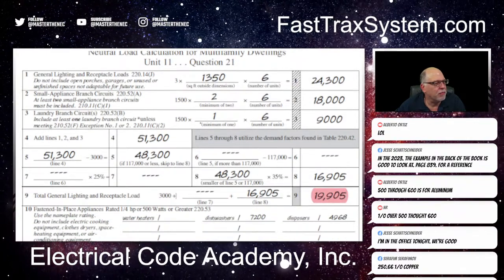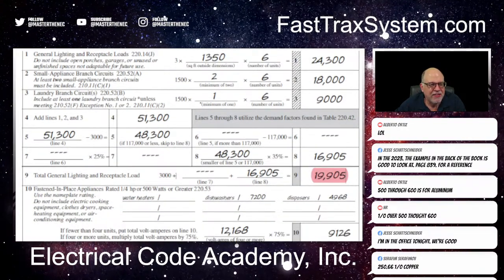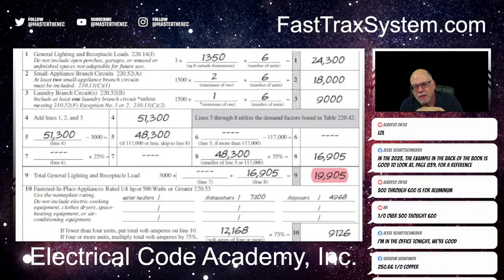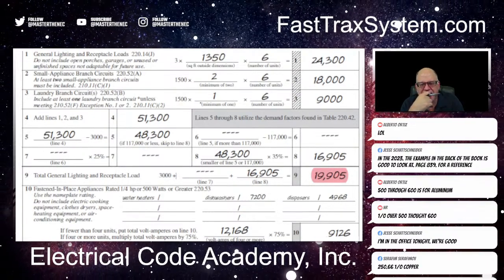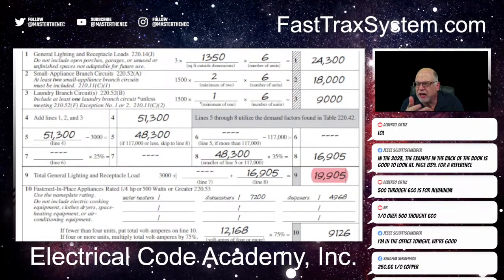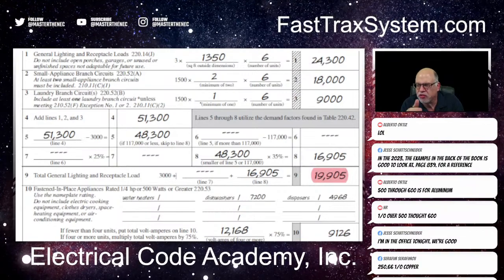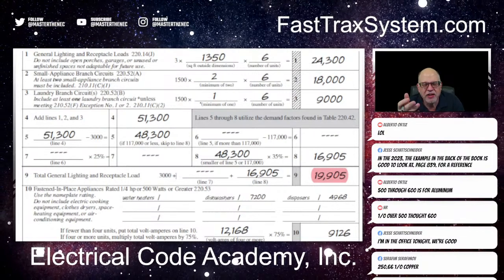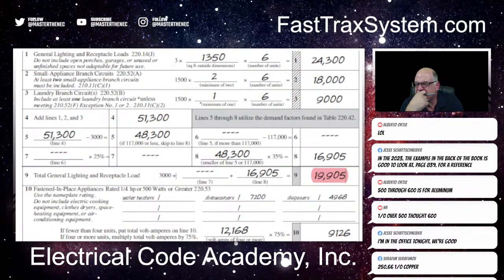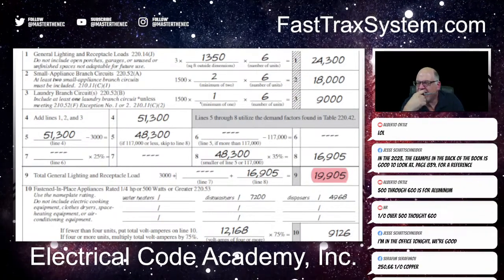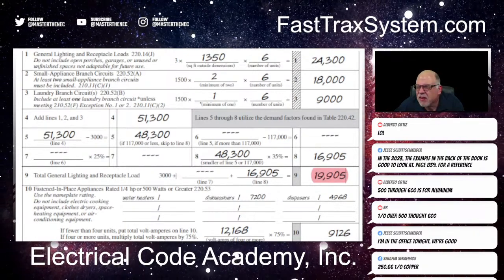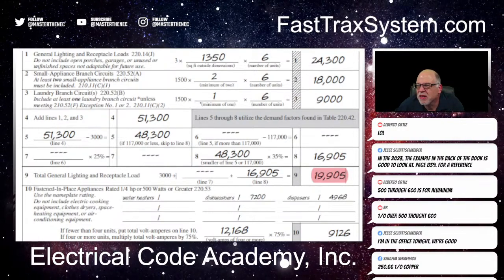All right, so now we're going to move next. The next thing we want to look at is, remember all those appliances? We had the dishwasher, the electric clothes dryer, the water heater, and a disposer.